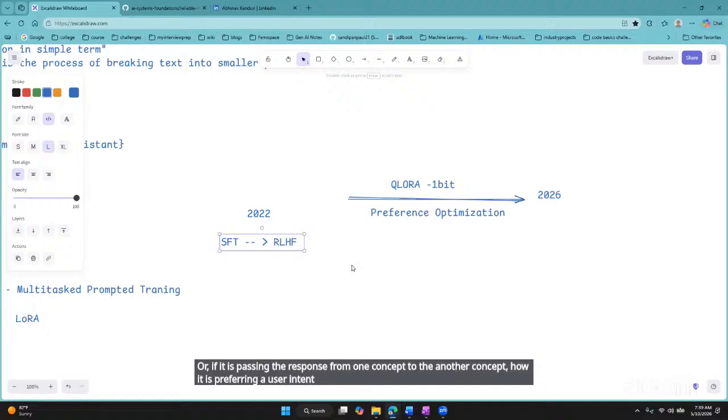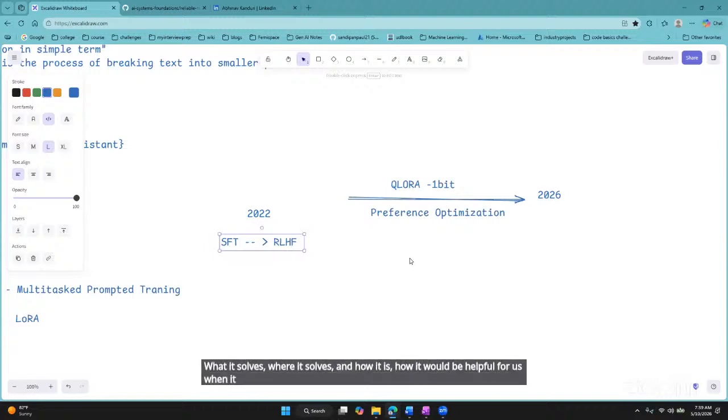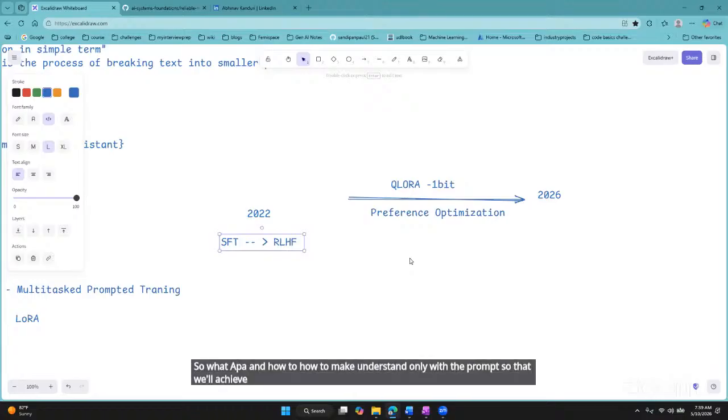So we'll talk about preference optimization and understand the flow, what it solves, where it solves, and how it would be helpful for us when it comes to RAG implementation. What is the main area we need to focus on? We are all using APIs from different service providers, so by understanding these concepts, at least the flow, we can achieve a better response with just the prompt.